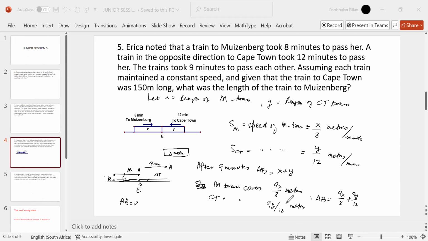Because A will go in that direction, B will have gone in that direction, and the distance between them would be 9x over 8 plus 9y over 12, because they travel in opposite directions. Okay, but we also know that that is equal to x plus y. So you can just take a photograph of this if you are inclined that way.